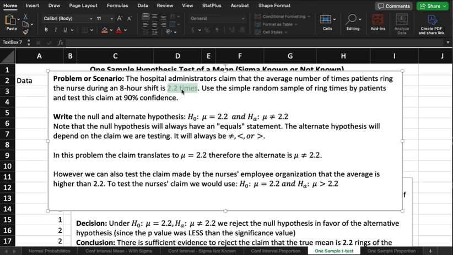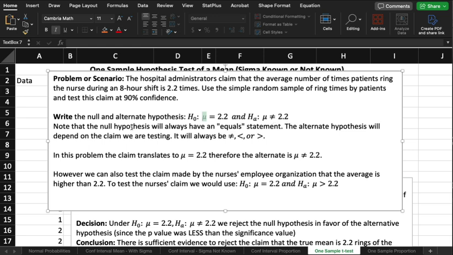That is not the mean of our sample. That is the mean that we are testing. So the mean that we are testing is the Greek letter mu, and that's equal to 2.2. That makes the alternate hypothesis mu is not equal to 2.2.